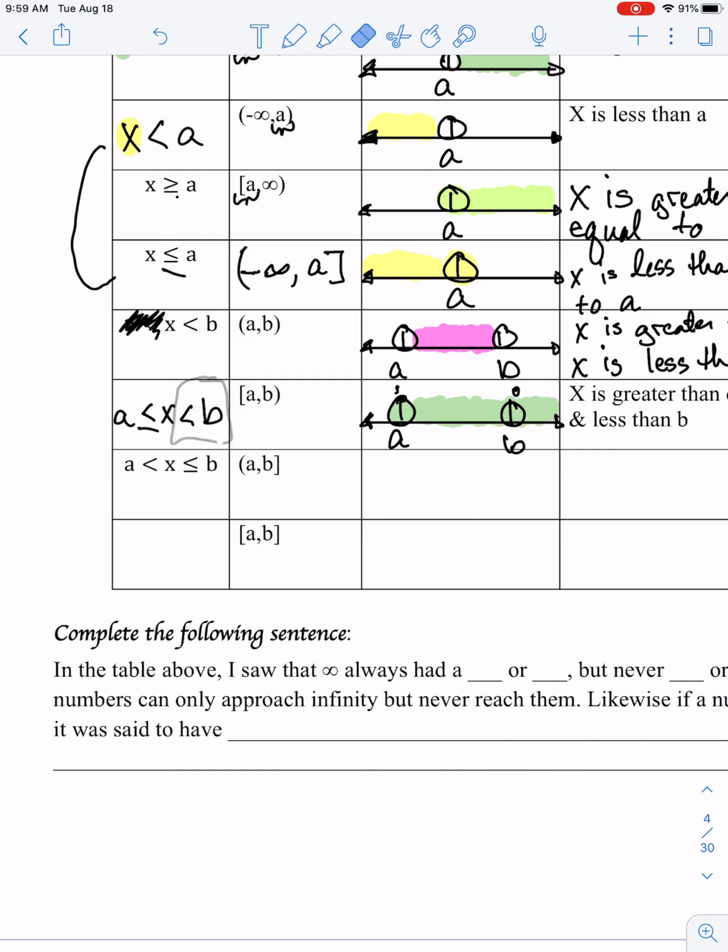I then essentially hide that right there, and I say X is less than B. So B, I don't shade, and I go to the left. And again, my answer is where my shadings overlap. So I erase this, and my final result is just in the center.